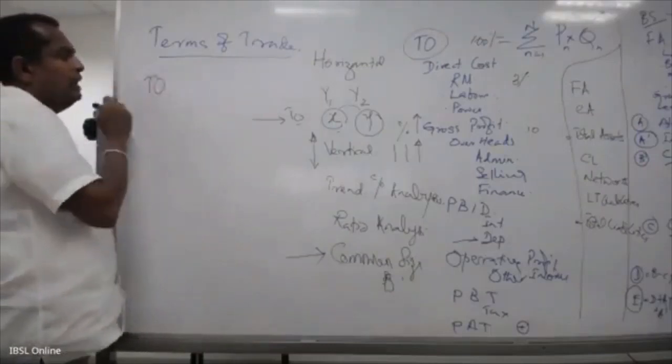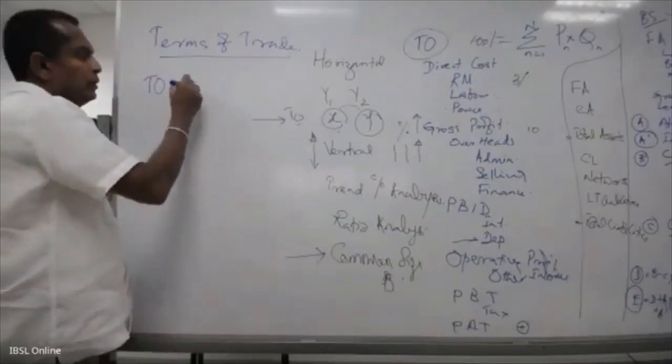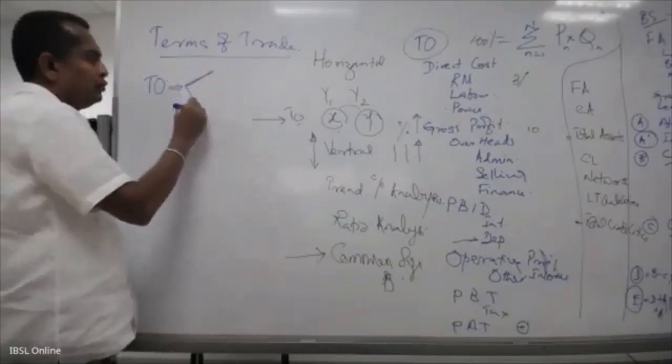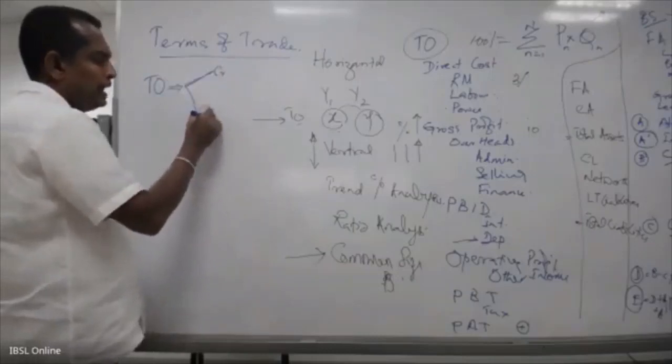Turnover or sales, how it happens: you sell on credit, you sell on cash.